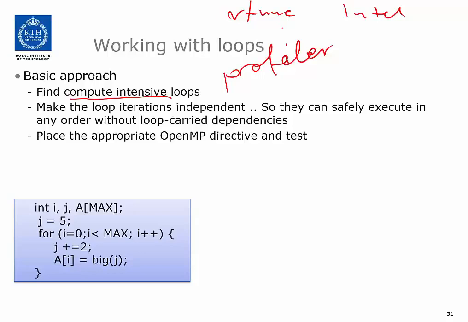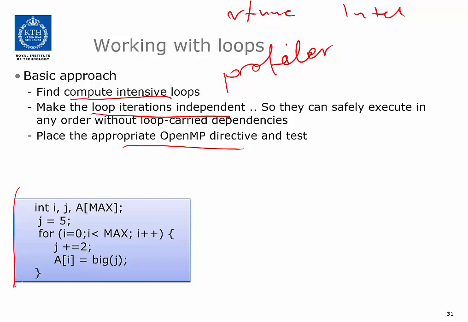When you have found a compute-intensive loop, you need to make the loop iterations independent, because OpenMP does not do that for you. The for loop has to have independent iterations. And then you place the appropriate OpenMP directive in place. So look at this example here. Assume that this is a compute-intensive loop.